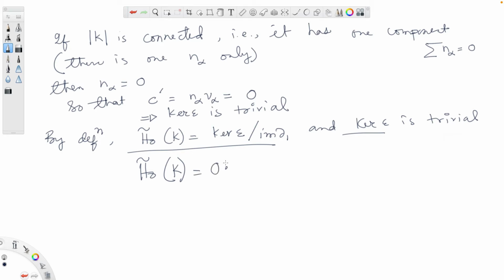This is the case when the underlying space of the complex K has only one component. In other words, when this underlying space is connected. Okay, so now let this underlying space have more than one component.